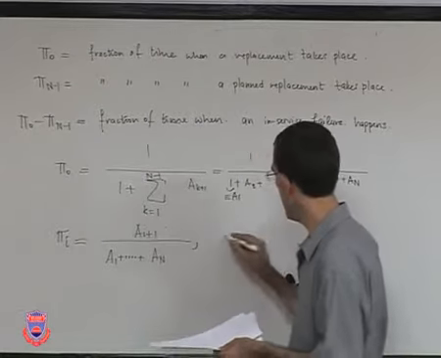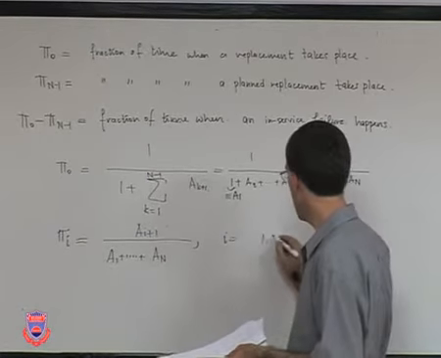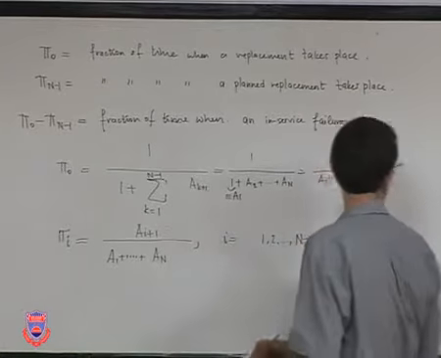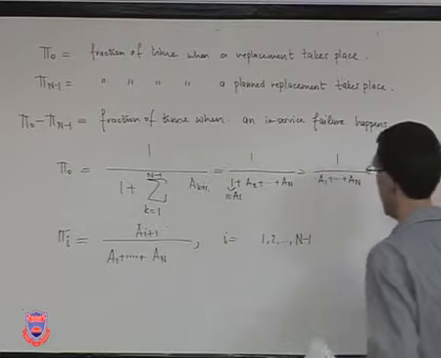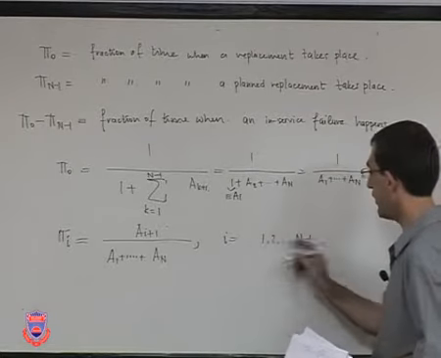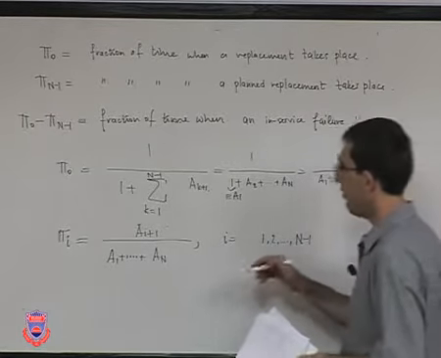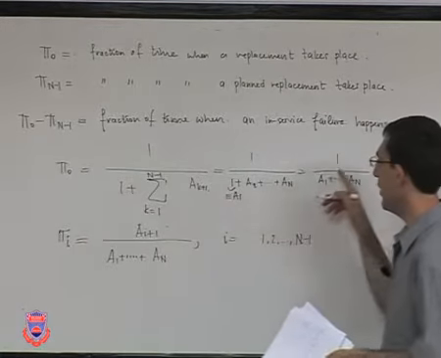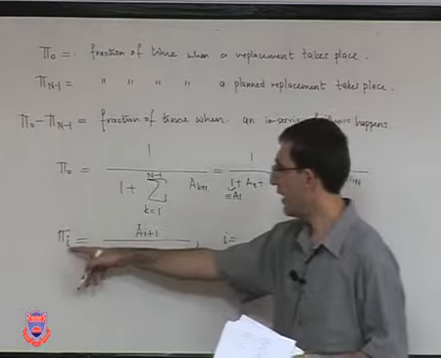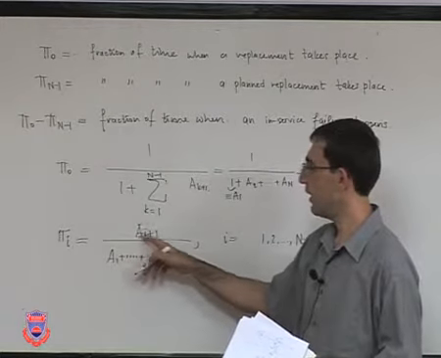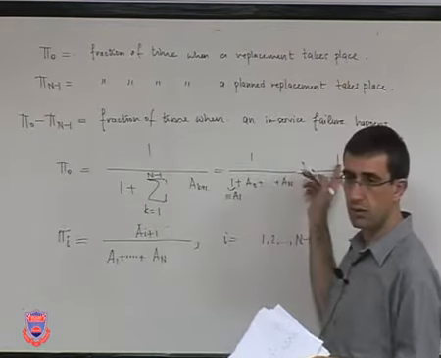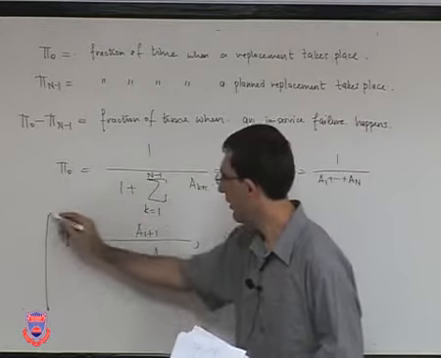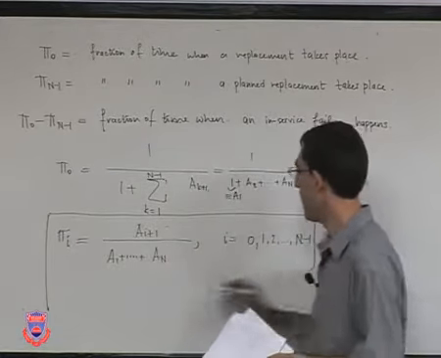This is true first of all for i equals 1 up to n minus 1. But when i equals 0, we know this is the formula that we use. If I set i equals 0, I get A1, which is 1, the same as this one. So actually this single formula just covers all of them.